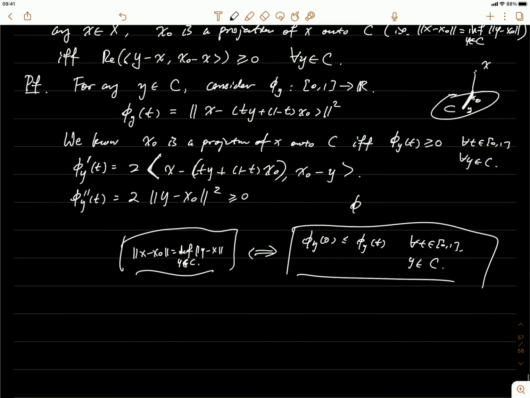Now, since I know that phi y double prime is greater than or equal to 0, that means it's a convex function in t.